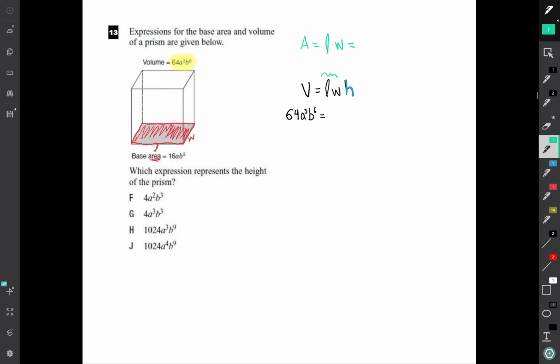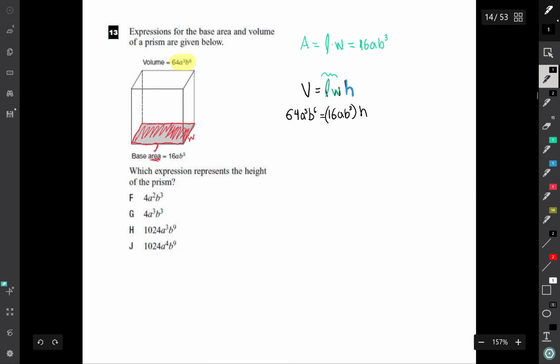So the area of the base is length times width, and we know that is equal to 16ab cubed. So we can replace this LW with the expression 16ab cubed, and then times h.